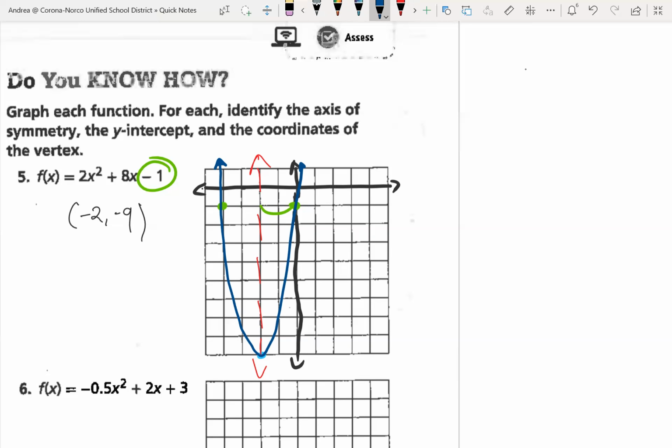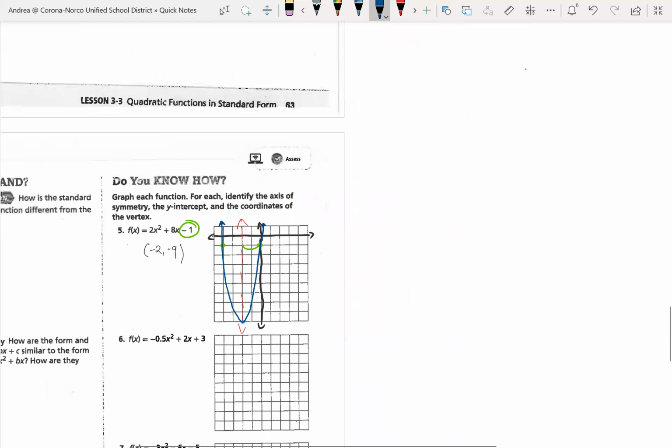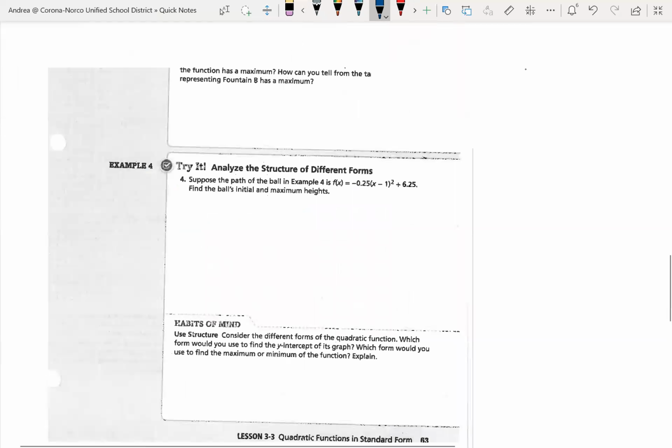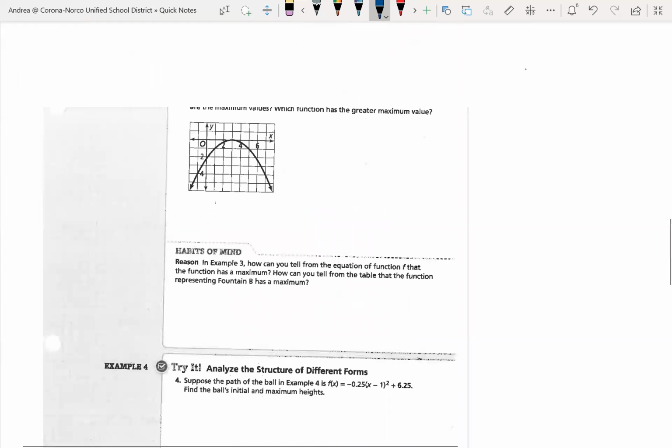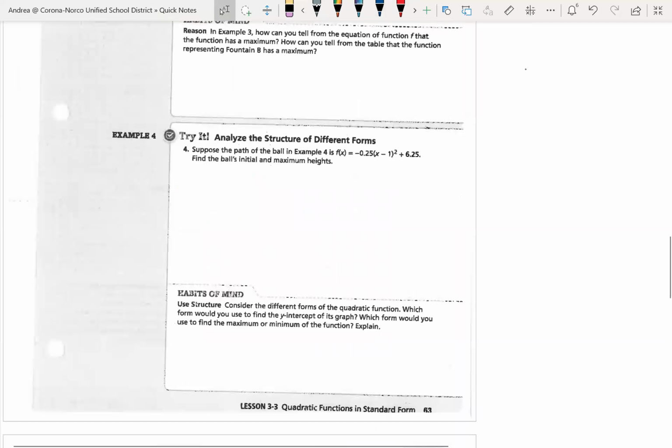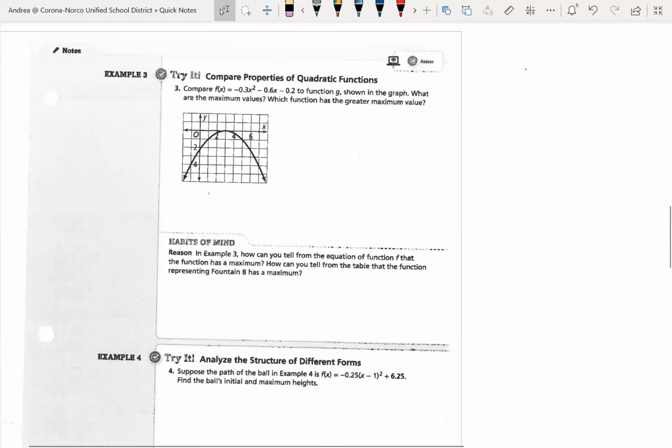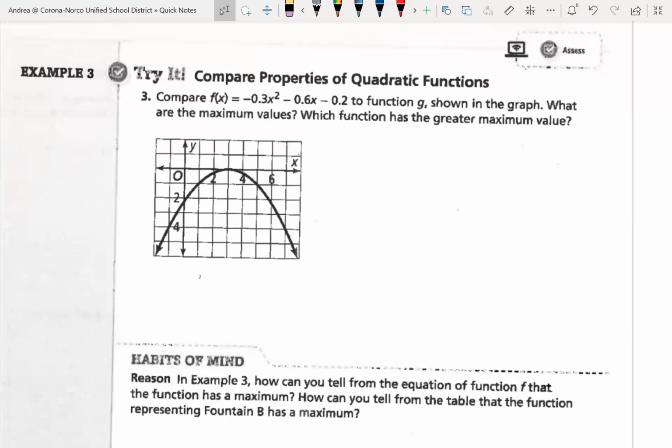Okay, we're going to go back to page, whatever this page is. Page 63. It's going to ask us to compare f of x equals -0.3x squared minus 0.6x minus 0.2 to the function g shown in the graph.